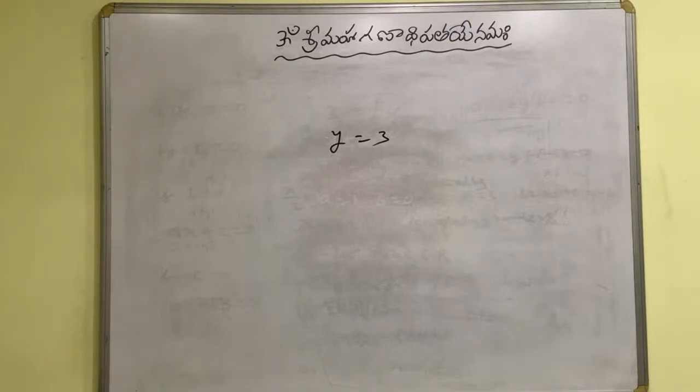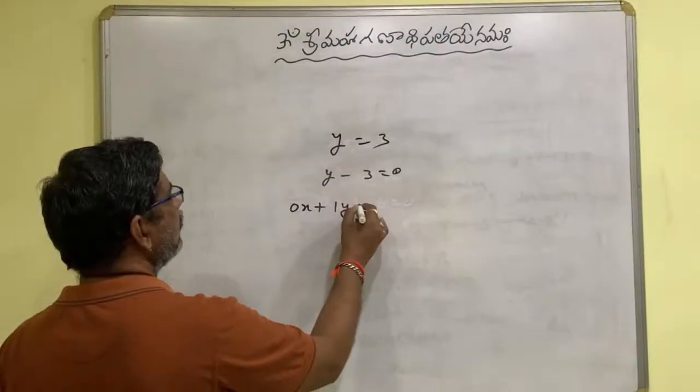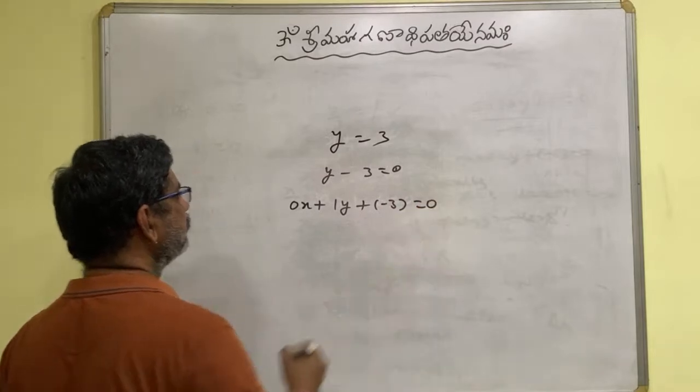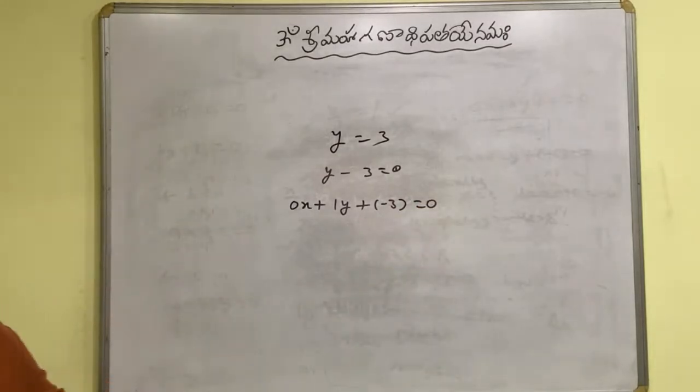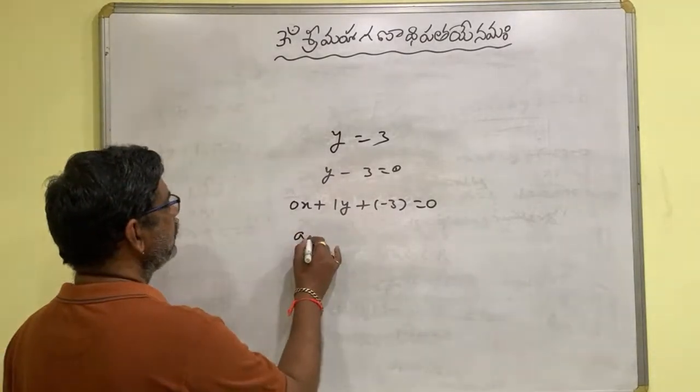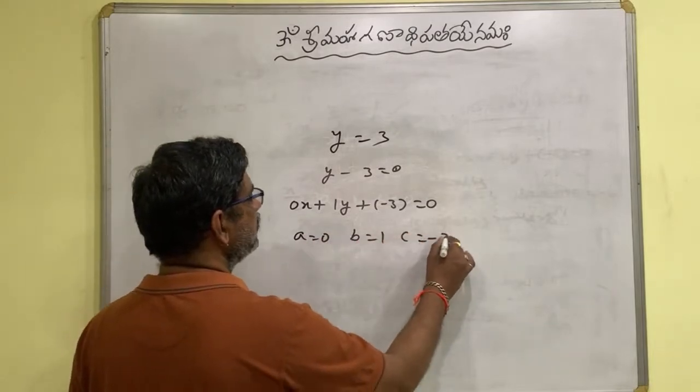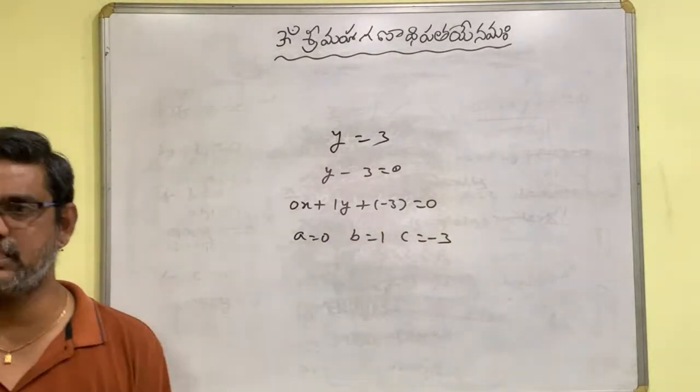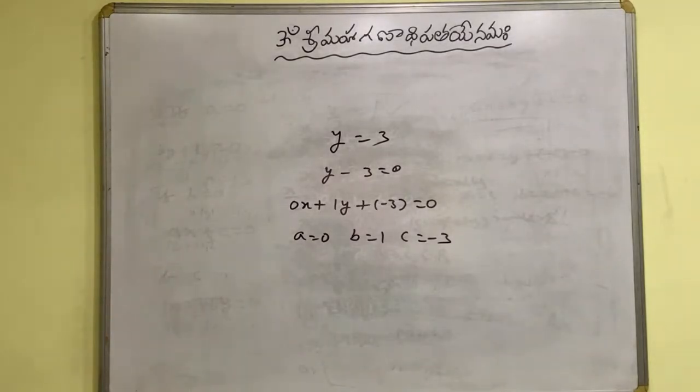Proceed, right. y minus 3 is equal to 0. 0x plus 1y plus negative 3 is equal to 0. So a is 0, b is 1, c is negative 3. Ritvik Bandaru wrong.